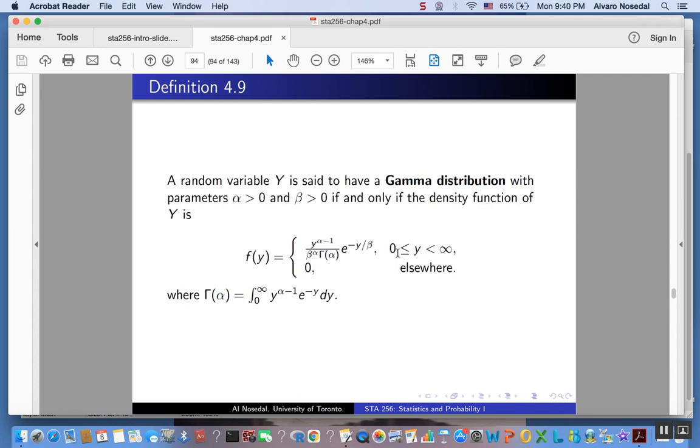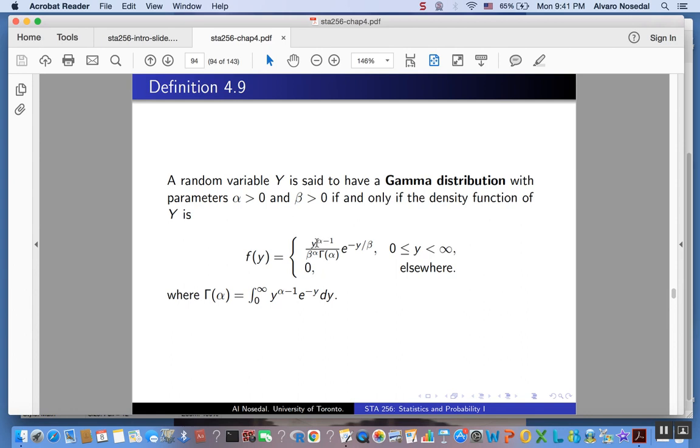So the integral from 0 to infinity of something like this must be 1, right? So what we're going to try and do is a very, very popular trick among statisticians. We complete the expression of something that we know is a legit PDF, and then we know that that integral is going to be 1, and that's it. So let's try and do that.